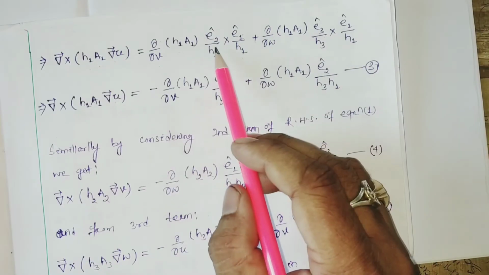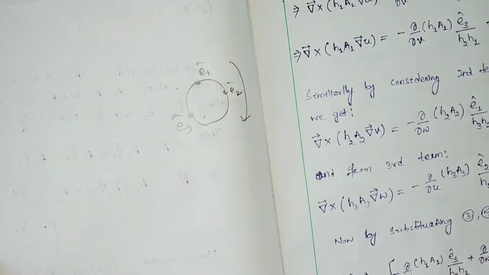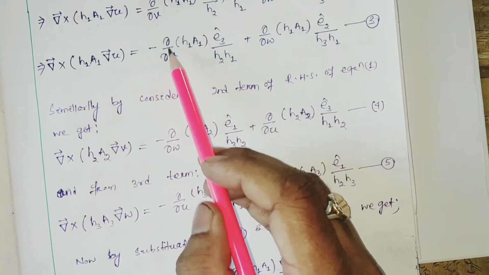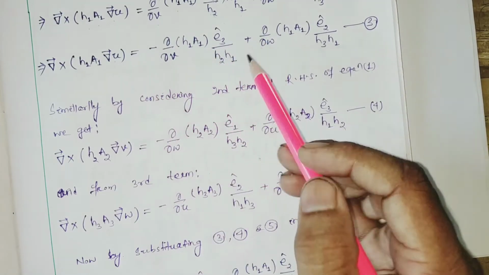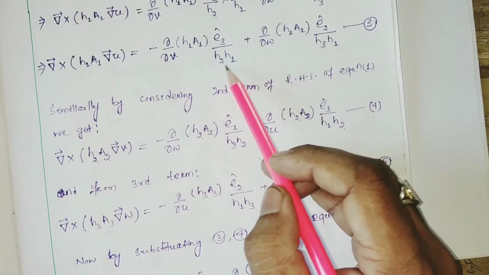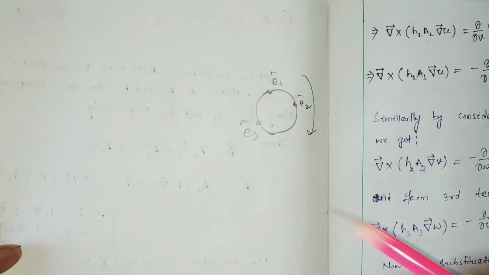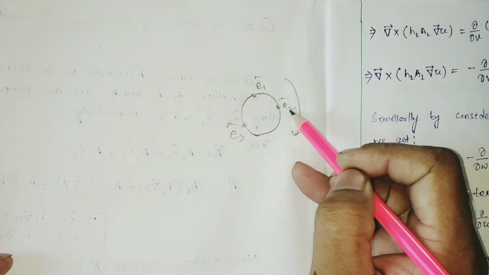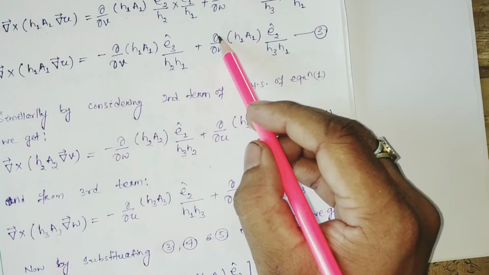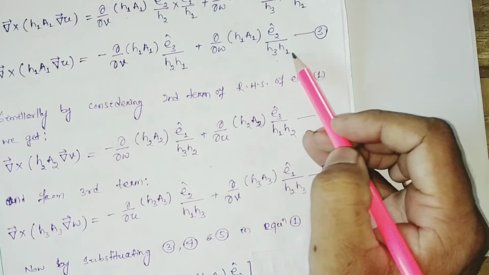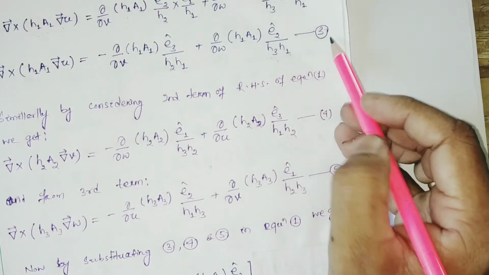So here E2 cap cross E1 cap is minus E3 cap. So minus del by del V of H1 A1 E3 cap by H2 H1, plus here E3 cross E1 will be E2, so del by del W of H1 A1 E2 cap by H3 H1. Let this be your equation number 3.